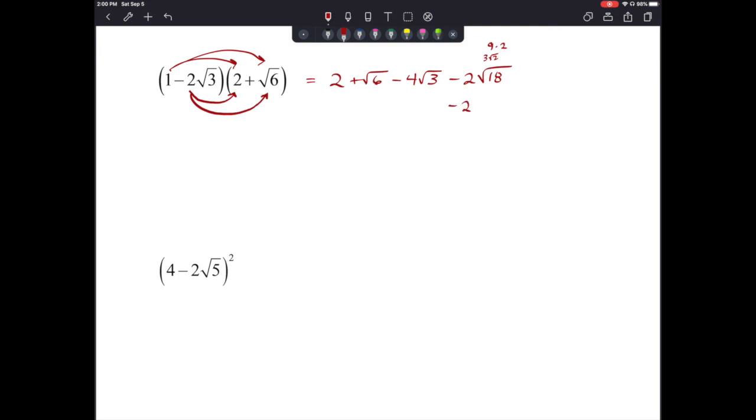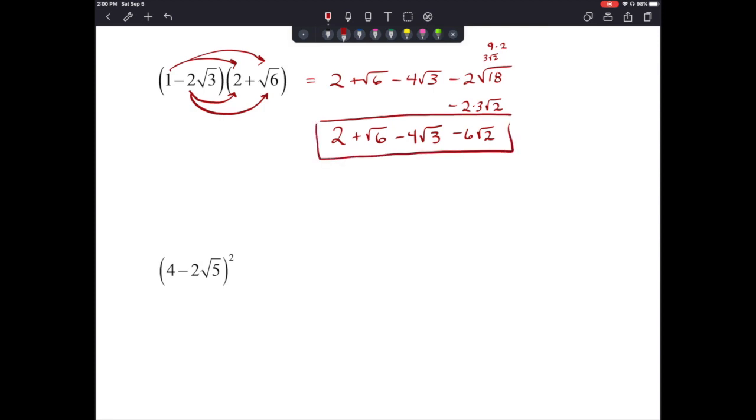So when we do that, we have minus 2 times 3 times radical 2, or negative 6 radical 2. We'll bring down the rest because there are no more like terms. So this ends up being our answer. As long as there isn't anything that can combine, that would be our simplified answer. If there was something else we could combine, we'd do it, but we can't.